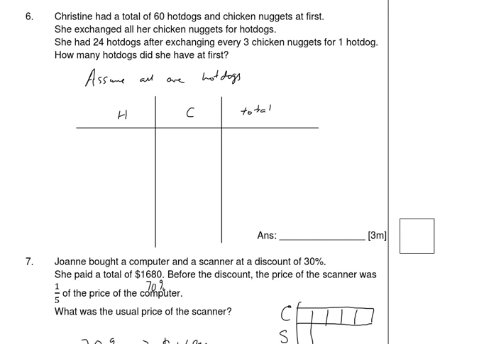Because when I exchange 1 hot dog for 3 nuggets. So it will be 23 plus 3 equals to 26. True? Okay. You can see the pattern already.